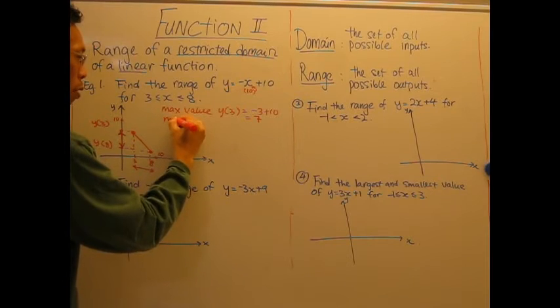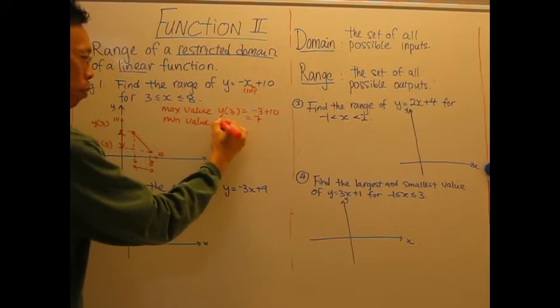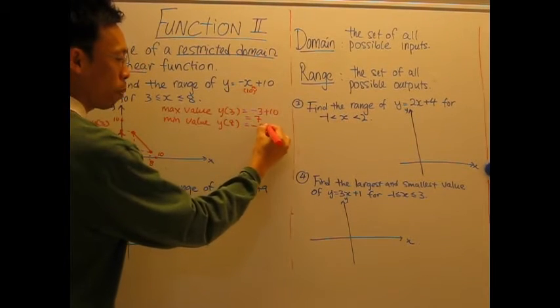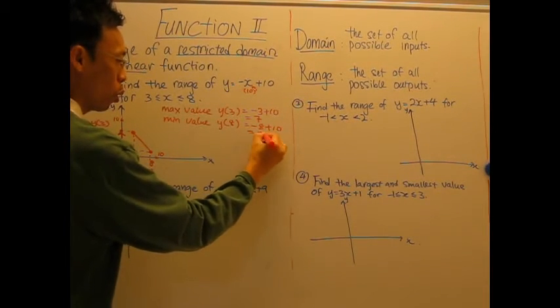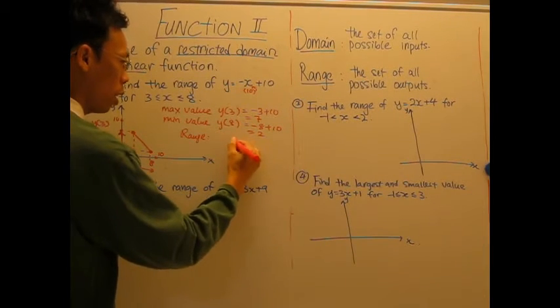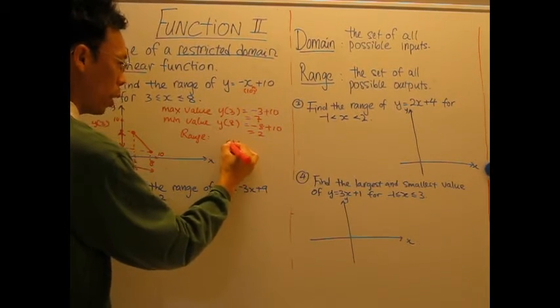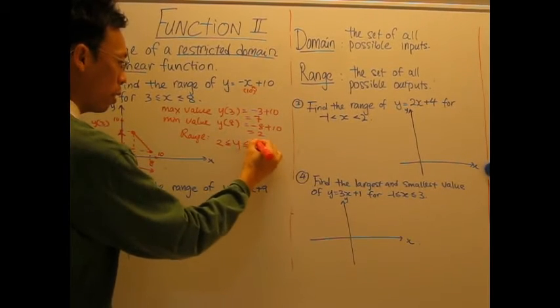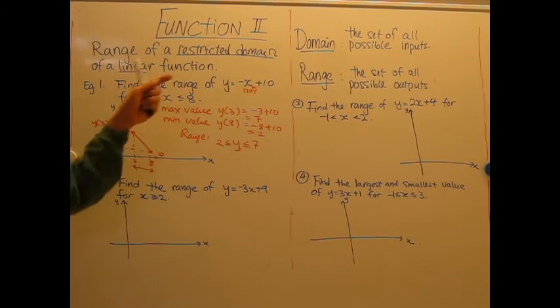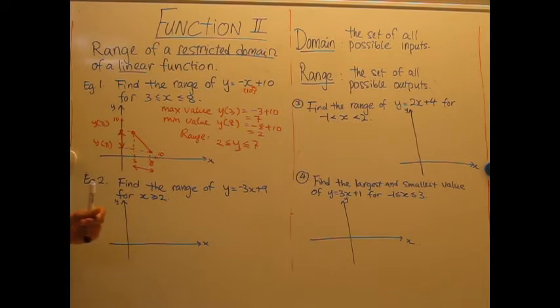The minimum value is y of 8, which is negative 8 plus 10, which is 2. So the range in this particular case is y between 2 and 7 inclusive. This is my range for this linear function with restricted domain 3 to 8.